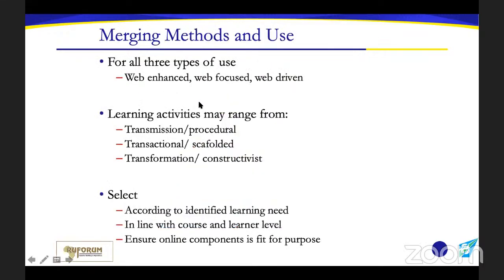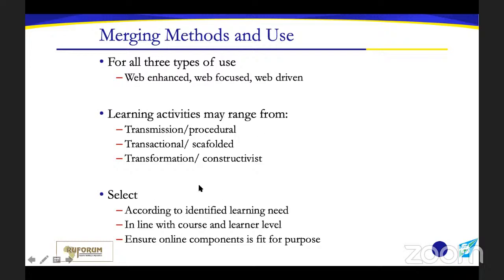So, as I already noted to you, in this era many of the institutions are doing more merging of these sorts of methods so that they can get the best out of the student. Okay, so learning activities may range from transmission, which are more procedural, transaction, which are scaffolded, and transformation, which are more constructivist, depending on what you want.